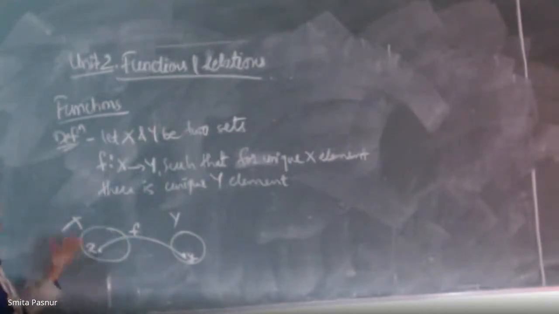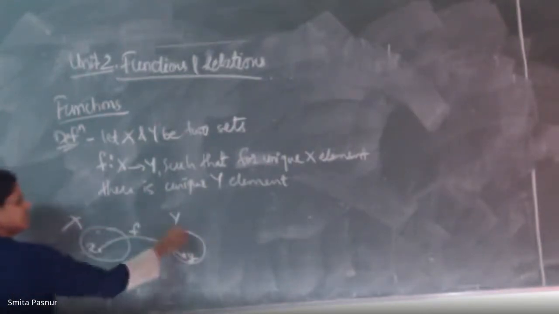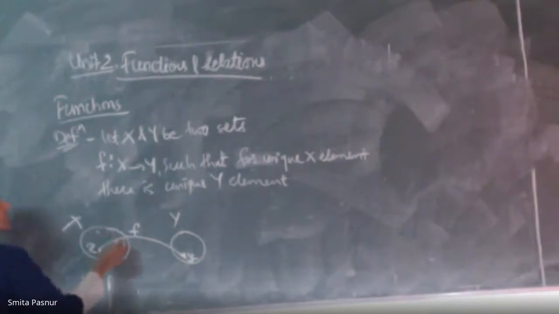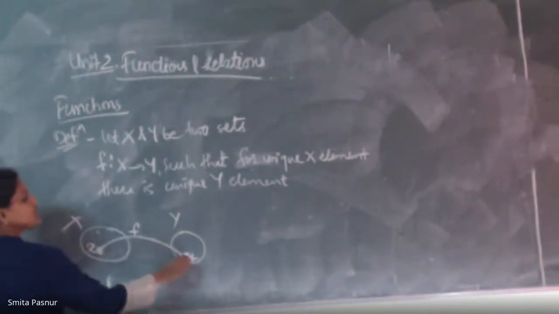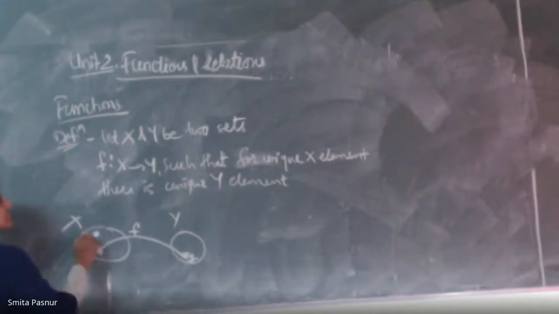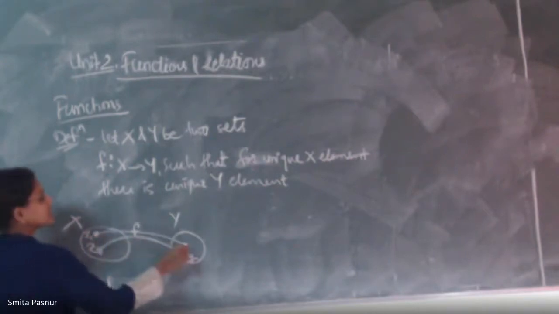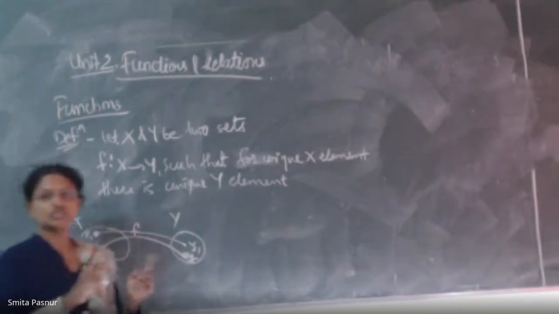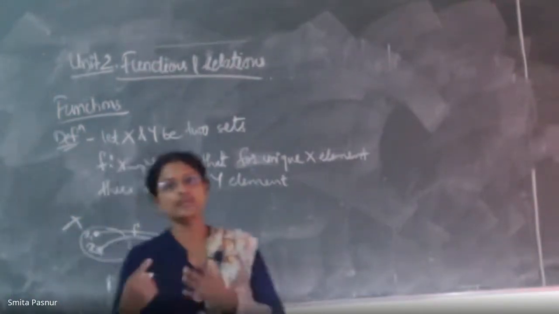So this shows two sets and their elements related by using the function. It shows the relation that a unique x is connected to a unique y. If there is another x, say x1, then that will be connected to y1. Is that clear? So a unique relation should be there between the elements of x and y.